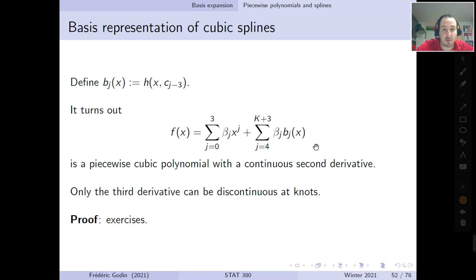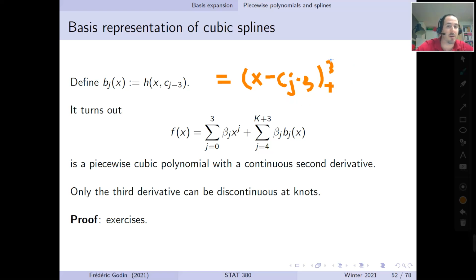You just plug x in here, and recall that this is simply equal to (x minus c_{j-3})_+ to the power 3. So if you plug in x, you just take the maximum between that quantity and 0 and put it to the power 3.